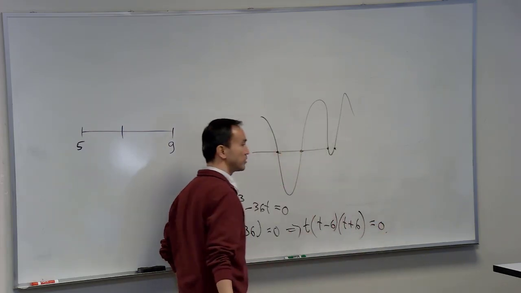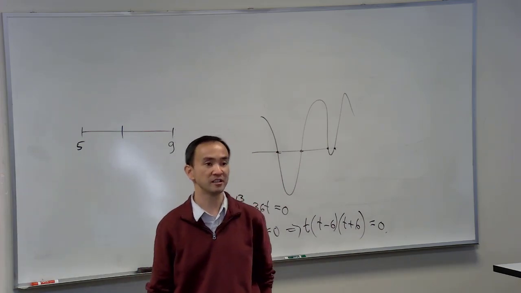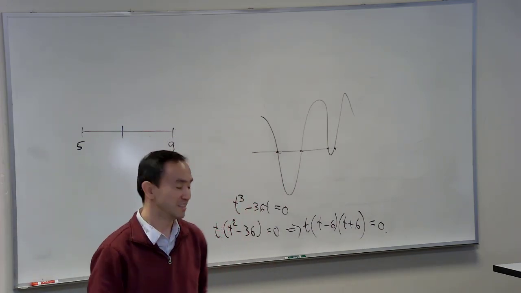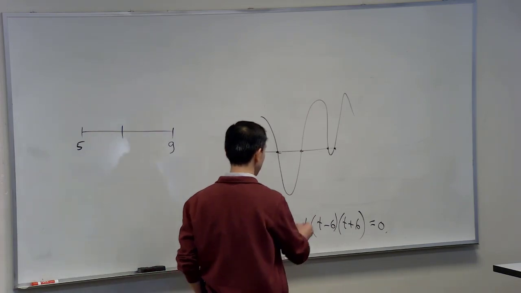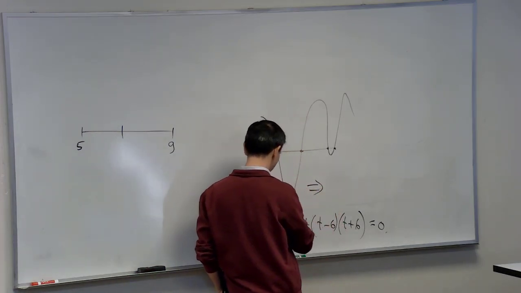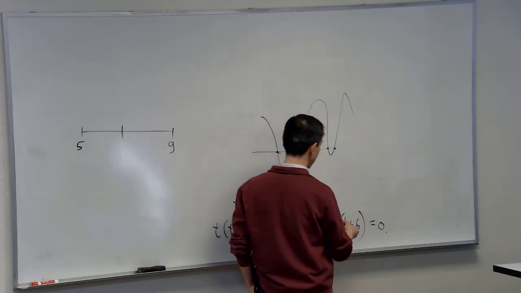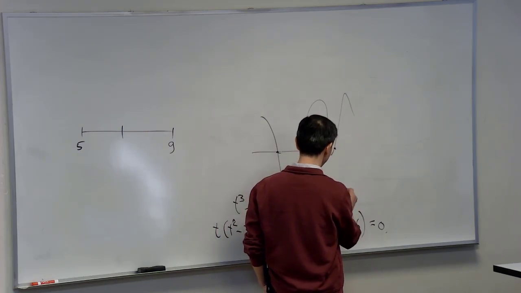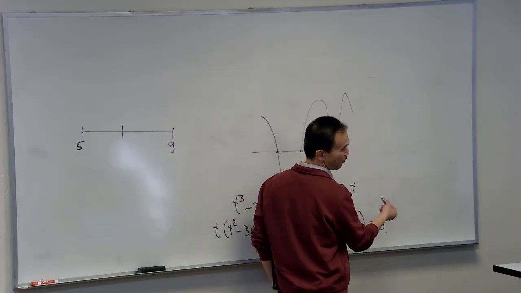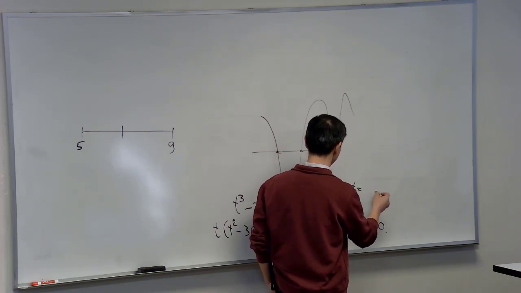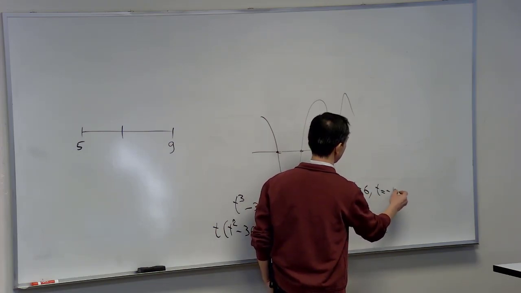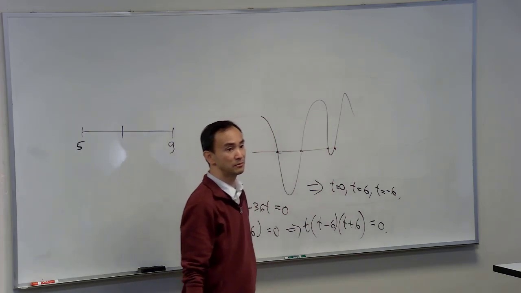Now I have completely factored the left-hand side expression of the equation. Solving that, this function has 3 x-intercepts: t equals 0, even though I call it t, I call it x-intercept, t equals 6 and t equals negative 6. See what I'm saying now?